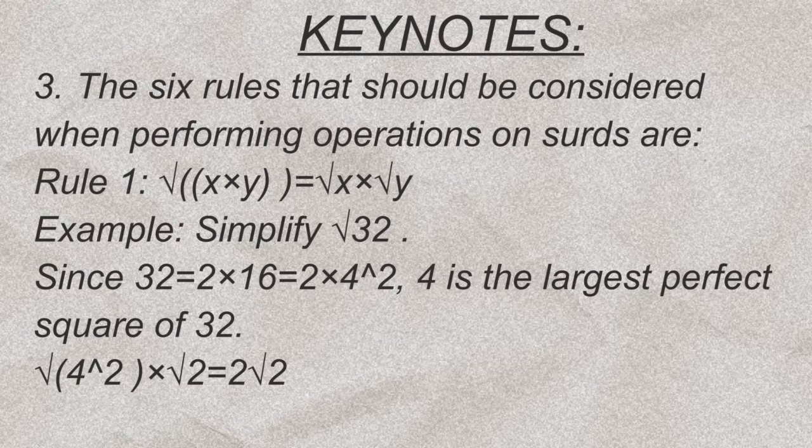You find out that it is 2, because 2 times 16 will give us 32. So if we have the square root of 2 times 16, it is going to give us square root of 16 multiplied by square root of 2, and the result finally will be 4 root 2. So you see, when we apply that multiplication rule of surds, we can easily simplify that square root of 32.